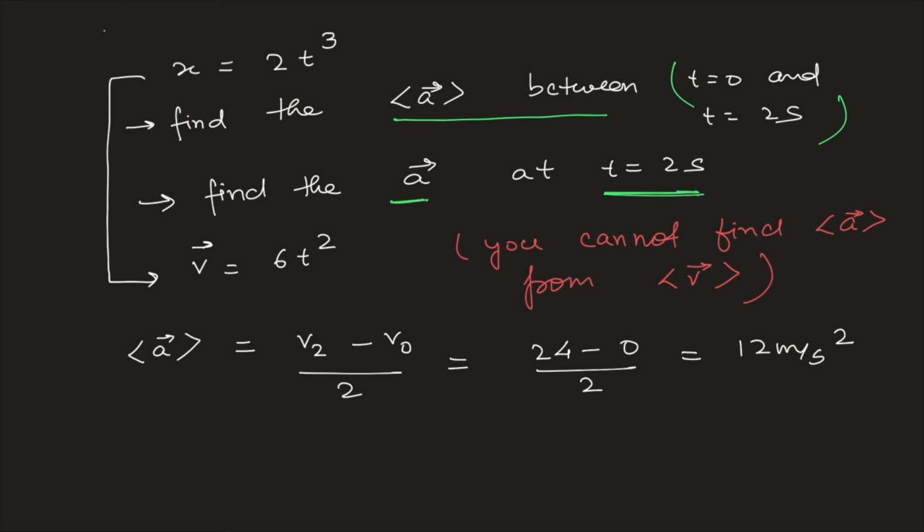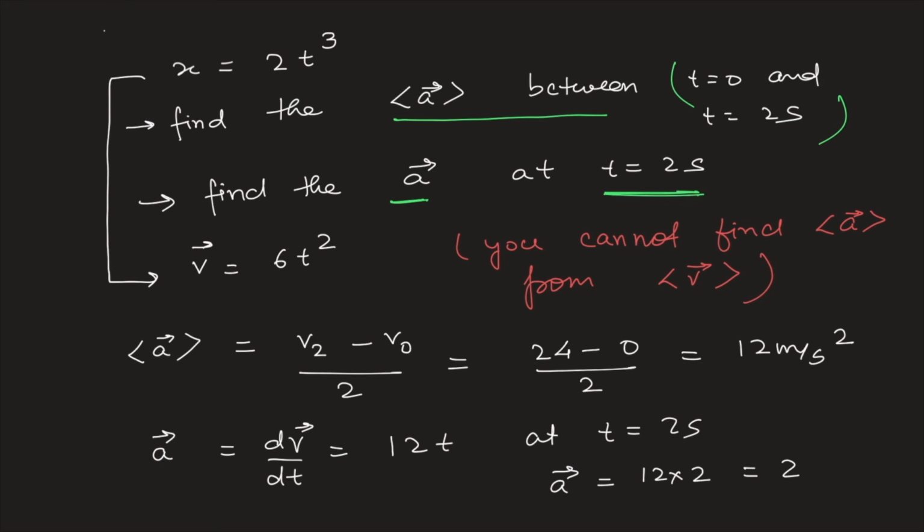Now, if we want to find the instantaneous acceleration, all we have to do is differentiate the instantaneous velocity, and we have already done that. So 12t, and at t equals 2 seconds, your instantaneous acceleration is 12 into 2, that is 24 meter per second square.